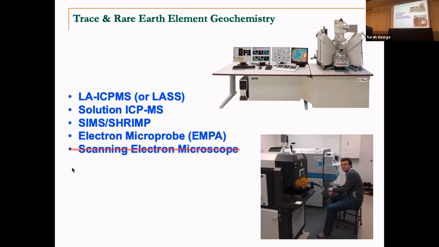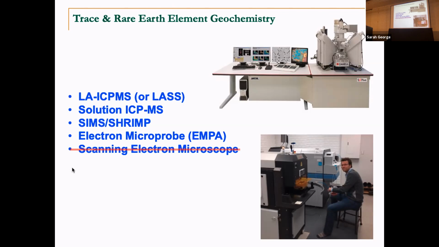We could do it via solution. I don't want to dissolve microzircons, but if you want to do that, go ahead. Good luck. We can do it via our SIMS or our SHRIMP that we talked about before, or an electron microprobe. Electron microprobes are not going to get down to the lower abundance trace elements.